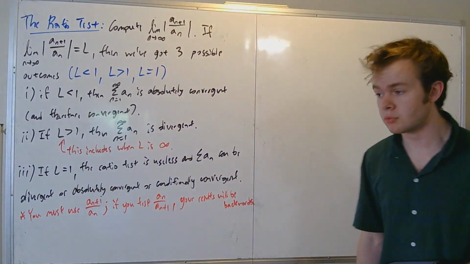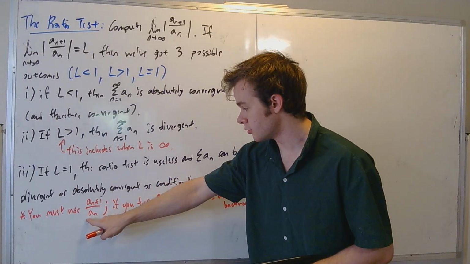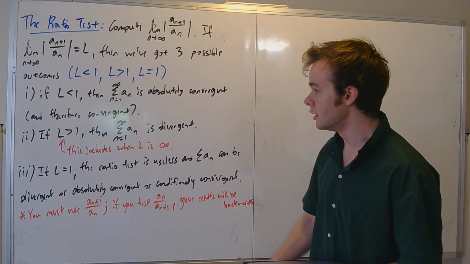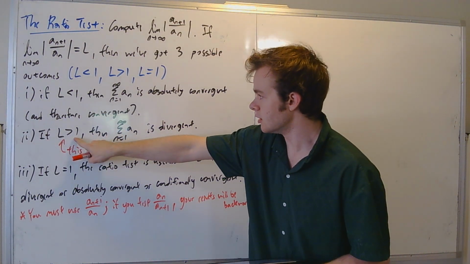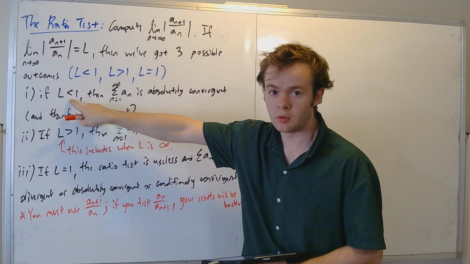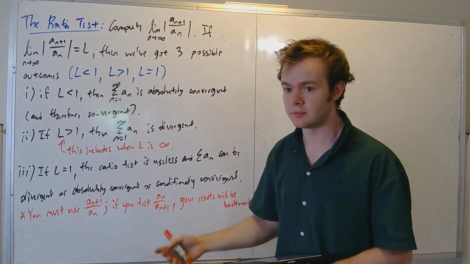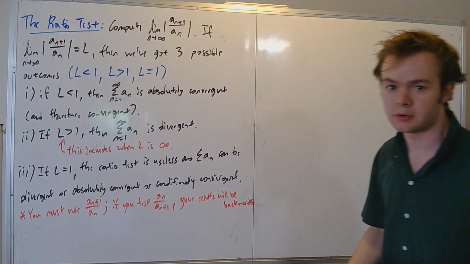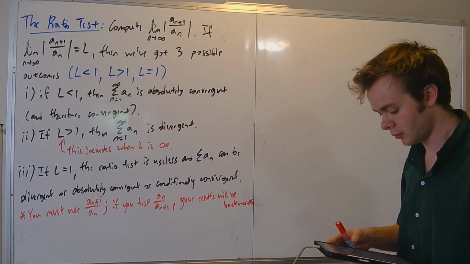Right, so it's very important that you remember that it's a_{n+1} over a_n, because if you instead do a_n over a_{n+1}, then let's say it was supposed to be case 2, then you're actually going to get case 1, which is the exact opposite of what the actual truth is, right? So you need to remember that it's a_{n+1} over a_n, and not the other way around.